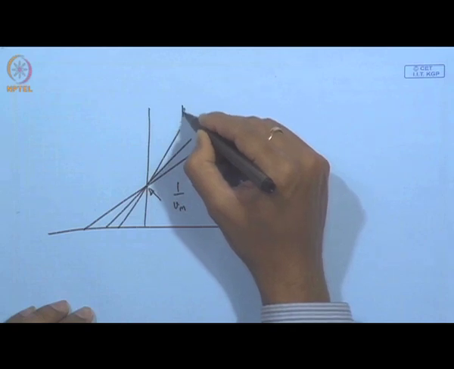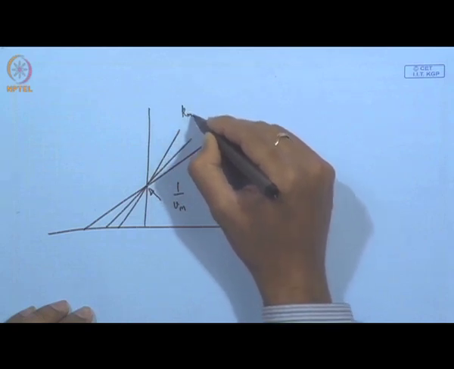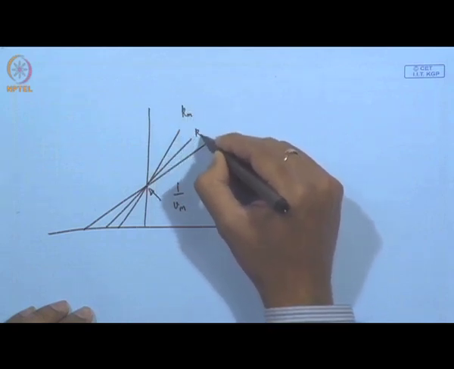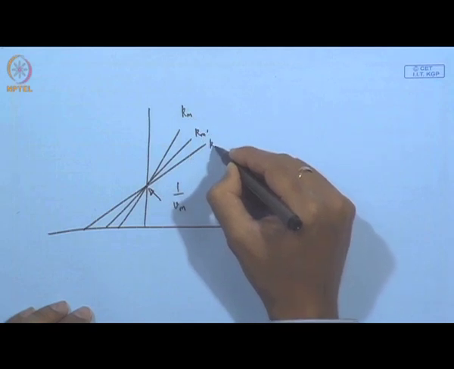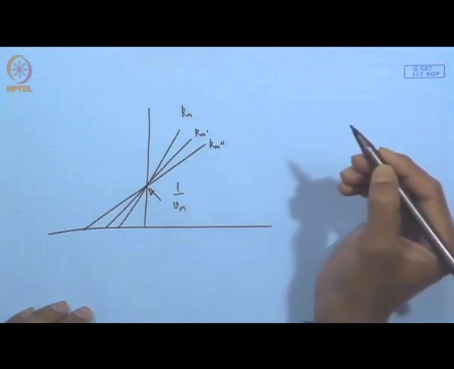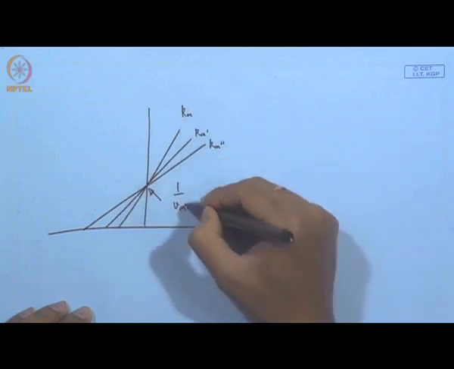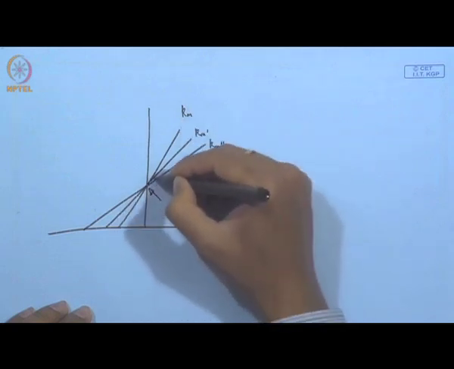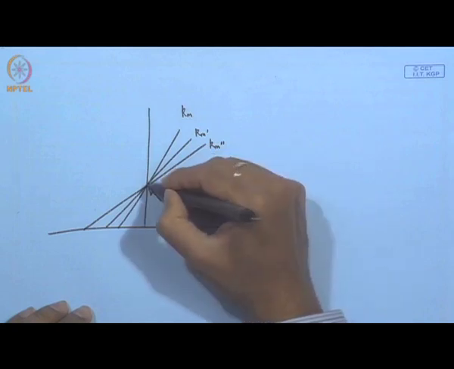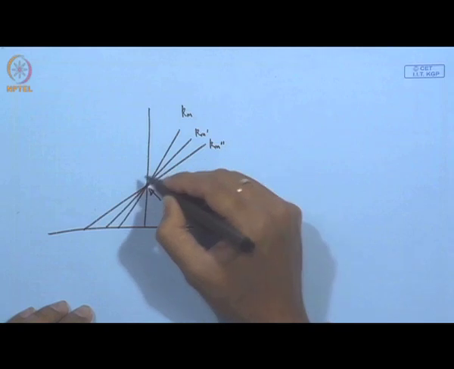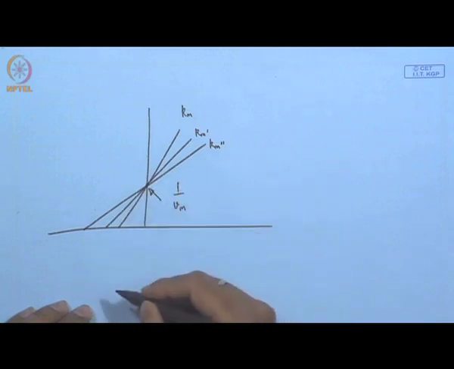This is Km, this is Km prime, this is Km double prime. So, changing the value of Km, while V max remains the same, the lines pass through the same 1 by V max point, but they come close to each other.